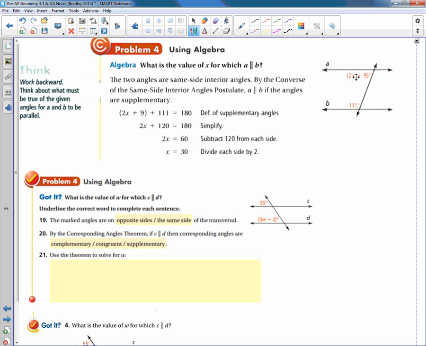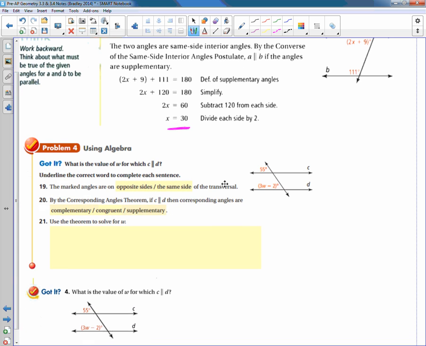So in this situation, if A and B were parallel, these angles would be what? Not equal, supplementary, because they're same side interior. So you set them equal to 180 and you solve for X. So in order for A and B to be parallel, X would have to equal 30. Okay, so that's how you do that one.